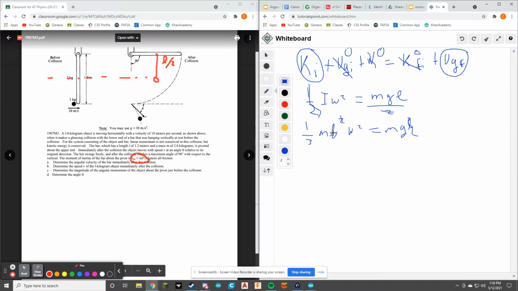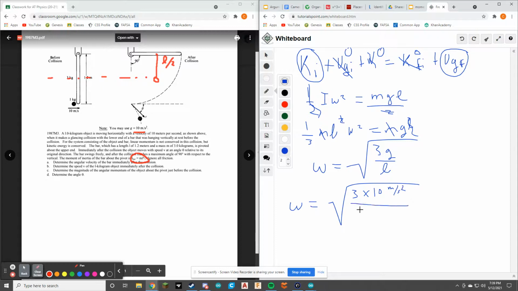The L cancels out, the m cancels out, and if we rearrange for omega, we get the square root of 3g over L. Then we plug in our given values, g is 10 meters per second squared, and the length of the whole rod is 1.2 meters.